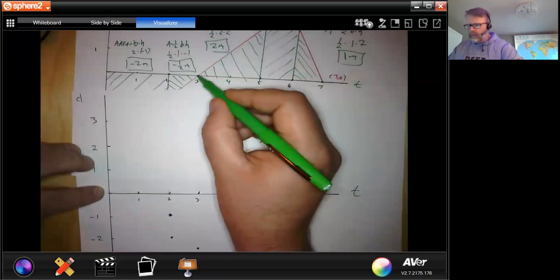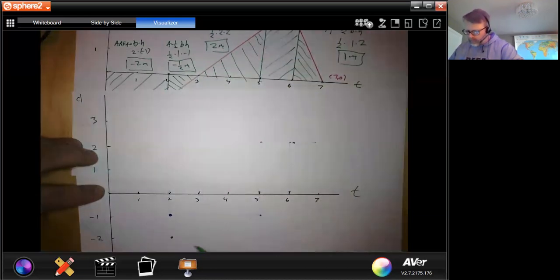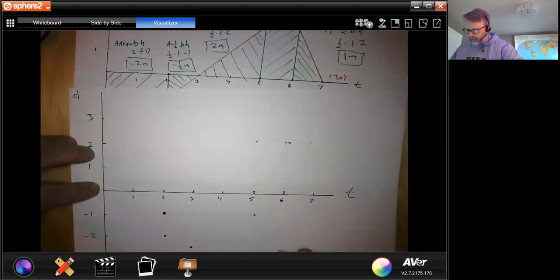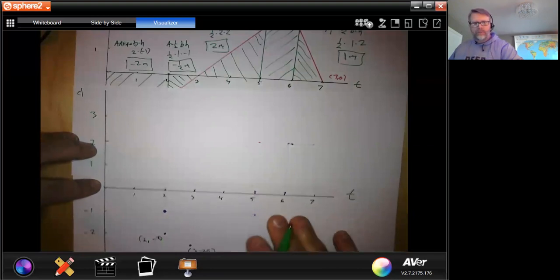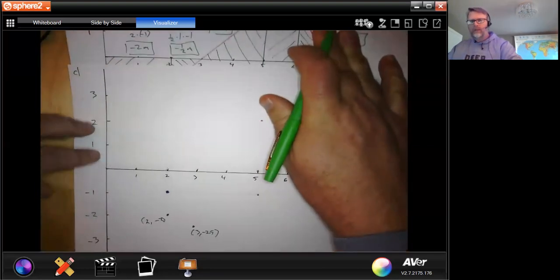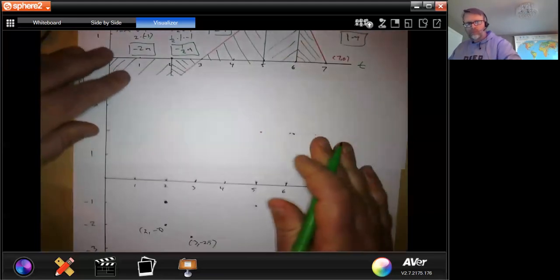Notice when we crossed 0, we went from going down to going up. So now, where can I put my points here? This was 2, -2. This was 3, -2.5. Try and get everything to fit on here.